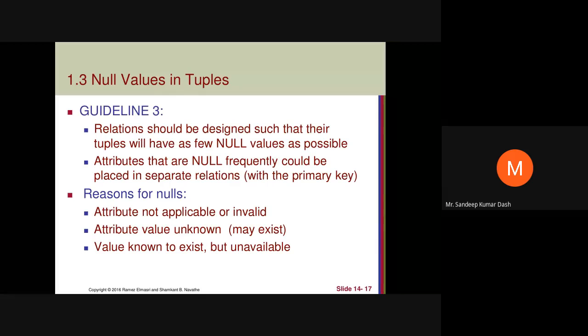There are many foreign employees who are working in the American company. Say there is an American employee also. For him, visa status will be nothing because he is a resident of America. So he doesn't have any visa. So what will be entered in the visa status attribute? Null. That means it is not applicable.